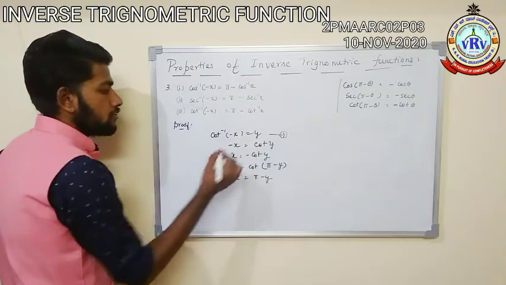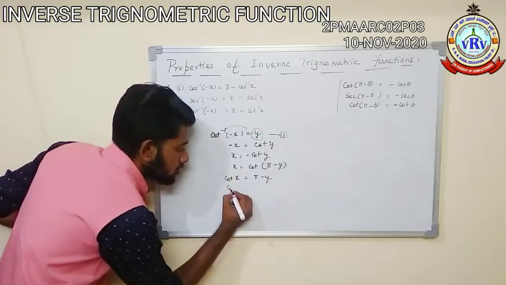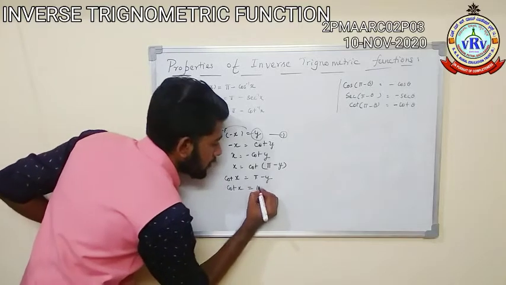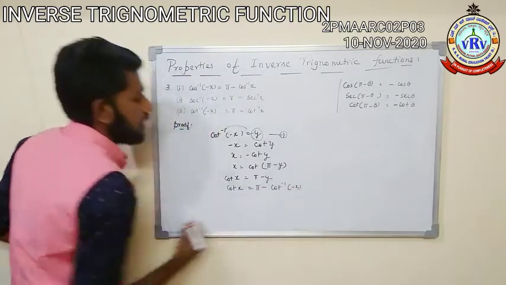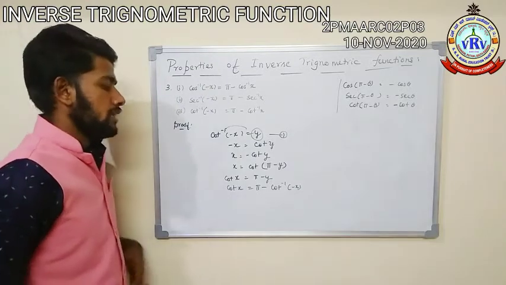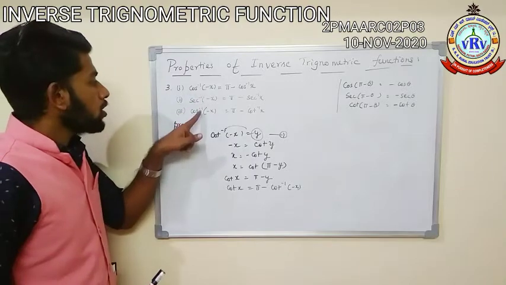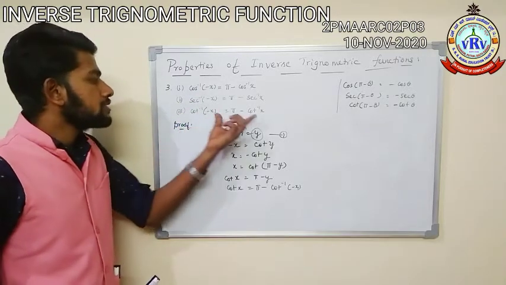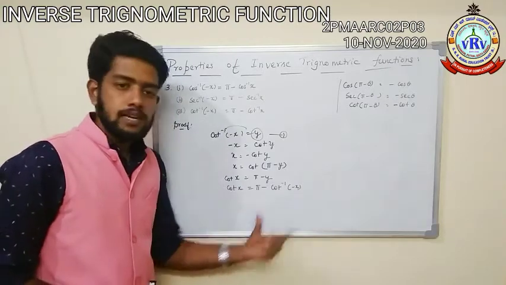From equation 1, the value of y is cot inverse of minus x. So cot inverse of x is equal to pi minus cot inverse of minus x. We got it like this. But we want cot inverse of minus x in terms of something.